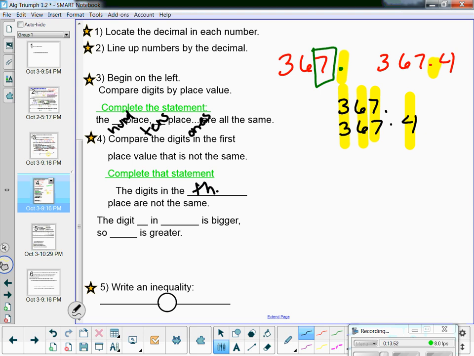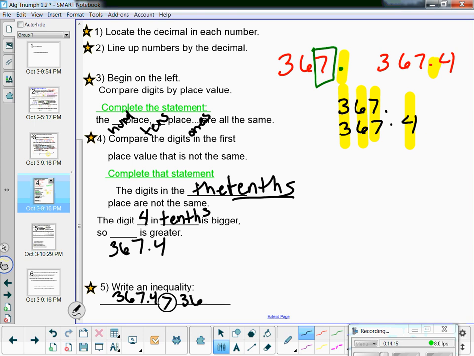The digits in the tenths are different. So the digit 4 in the tenths is bigger. So our number 367.4 is greater. 367.4 is greater than 367.